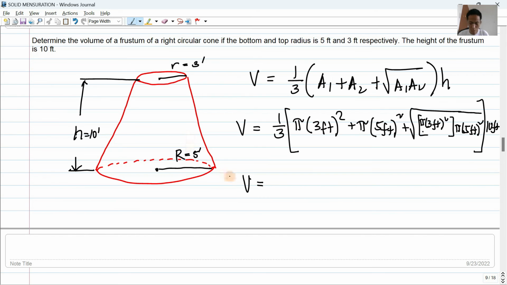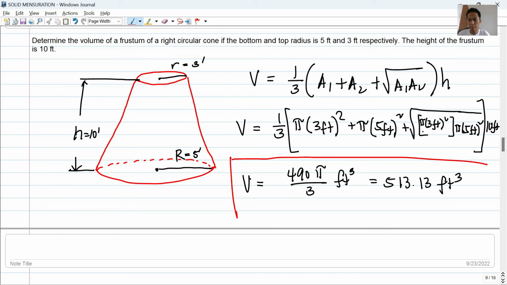Okay, so the final answer for this problem is 490 pi over 3, that is in cubic feet, or in decimal form, that is 513.13, that is in cubic feet. So this is your final answer for this problem.